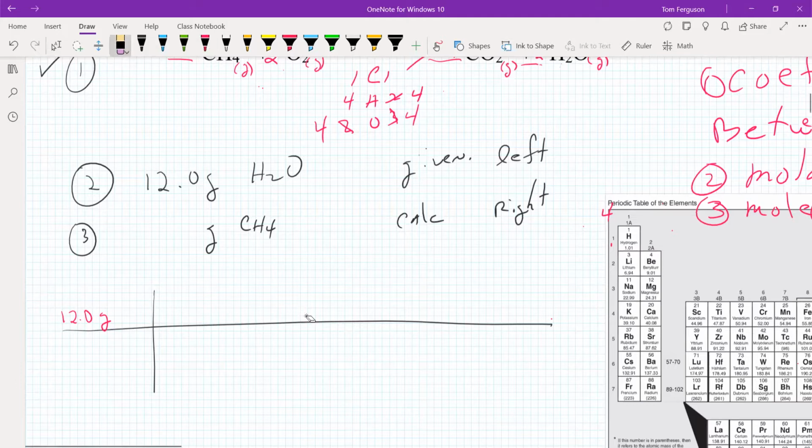So that's 12 grams of water. And remember, step 1 is convert the given, whether it's grams, liters, number of particles, whatever, to moles. In this case, it's grams. We're going to be using the molar mass of water.